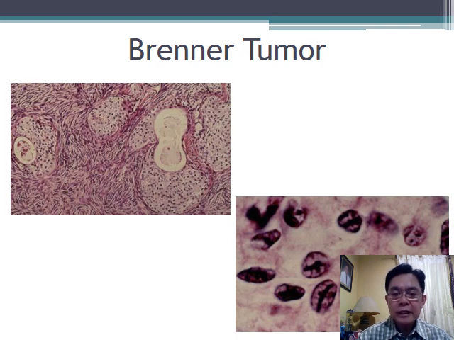The characteristic finding is that they look like coffee beans, so if you see this microscopic picture, it is usually related to Brenner's tumor. Brenner's tumor can undergo cystic degeneration, and it can be mistaken for mucinous tumors of the ovary.